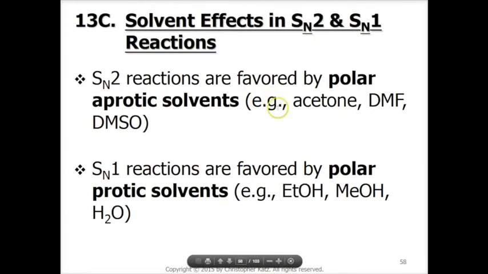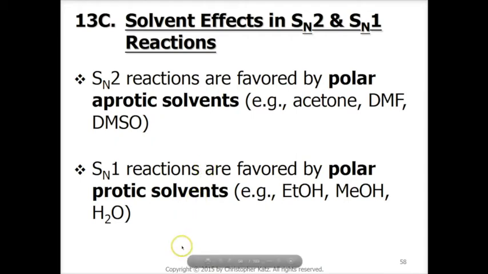So SN2 reactions are favored by polar aprotic solvents. Aprotic just means you don't have a proton on them. So like methanol, water, and ethanol have the OH group, and that hydrogen is technically a proton. You could abstract that proton. But in general, SN2 reactions are favored by polar aprotic solvents: acetone, DMF, or DMSO.